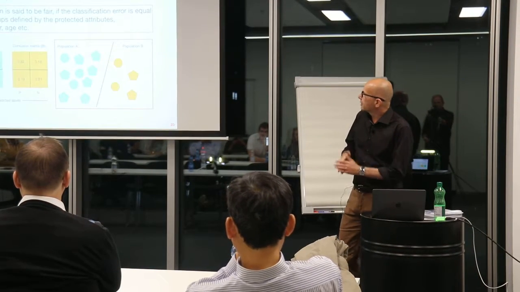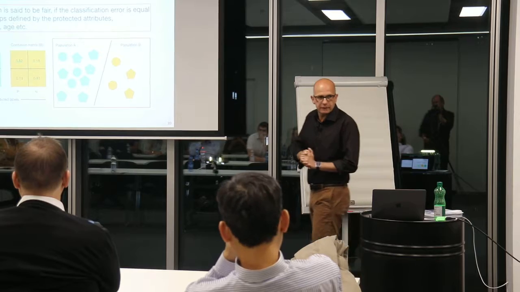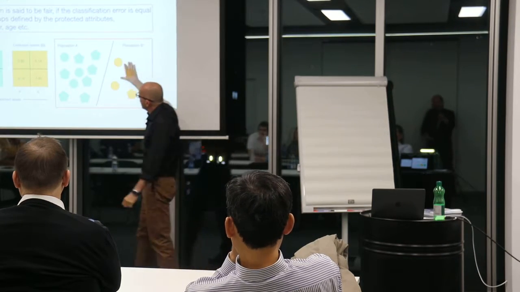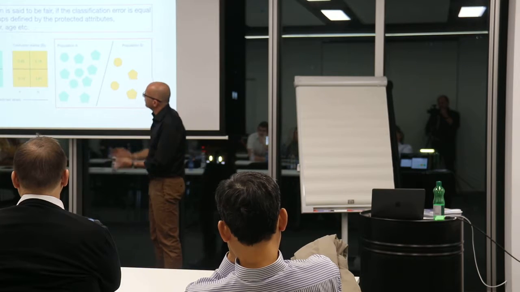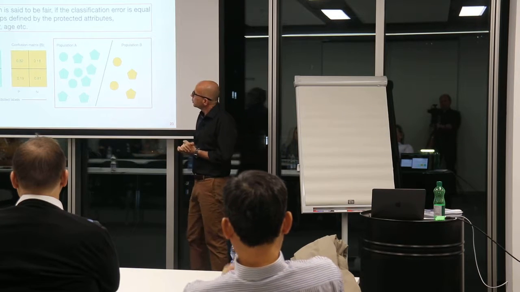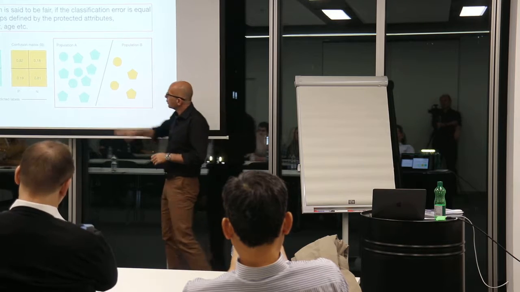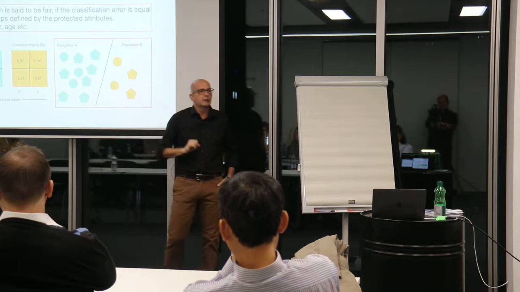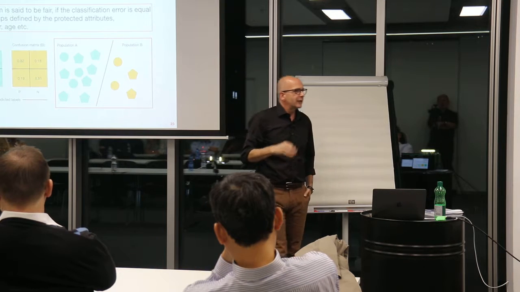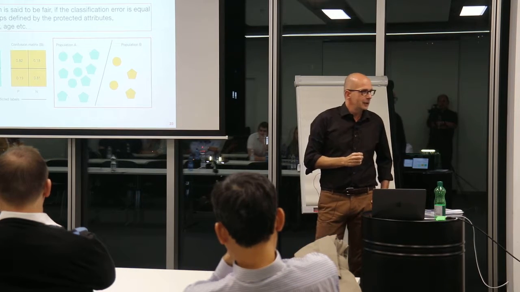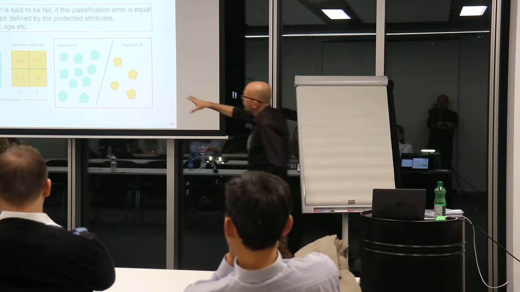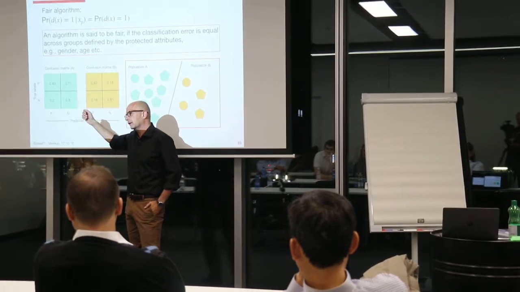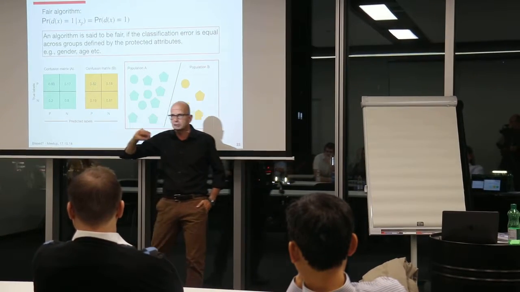Okay, the second one is called classification parity. What you do here is the following. We have the same basis, let's say. What you want to achieve here is that if you look at the confusion matrix of both populations, they have to look similar. Or better, they have to look the same. So it means that you treat both classes equally according to the protected attributes.